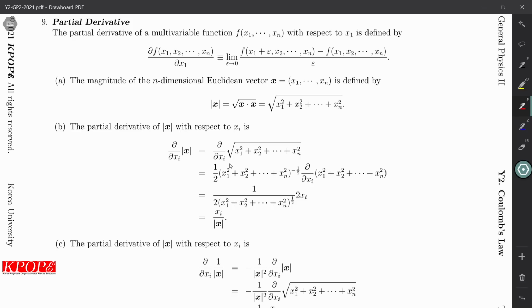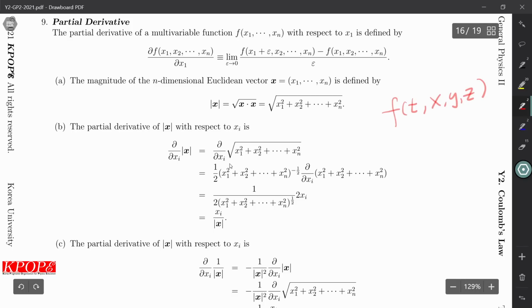Next, we consider partial derivatives. In physics, the functions are multivariable. They should be time dependent and coordinate dependent, x, y, z.